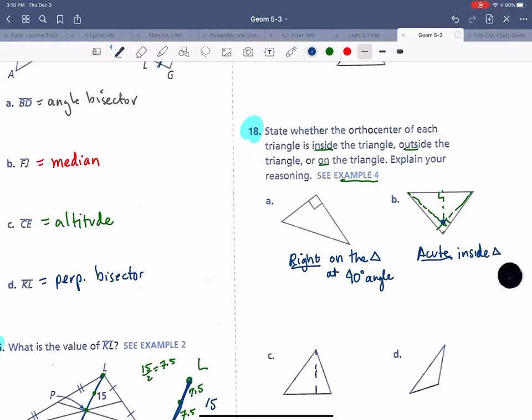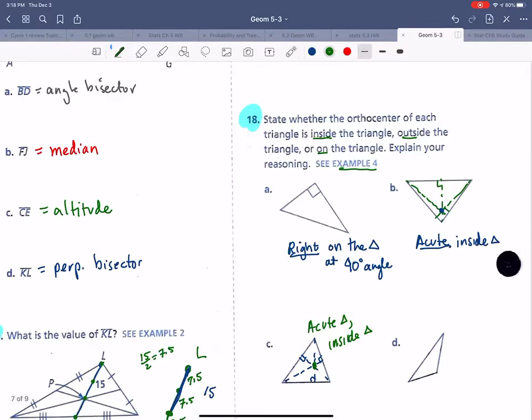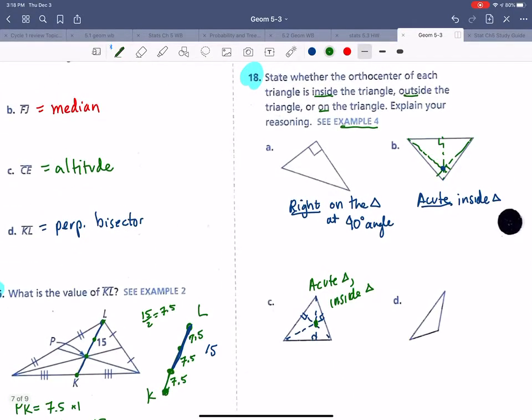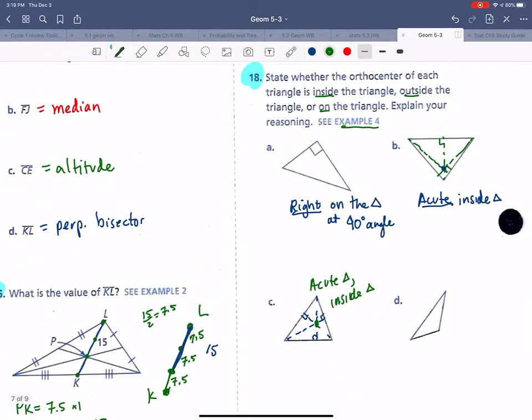This one's also looking acute. These would be the orthocenters. And so this one is also an acute triangle, therefore it landed inside the triangle. And this one's obtuse, so this one's going to be landing outside. So we noticed this one would be the first one, this one would be the second one, this one would be the third one.